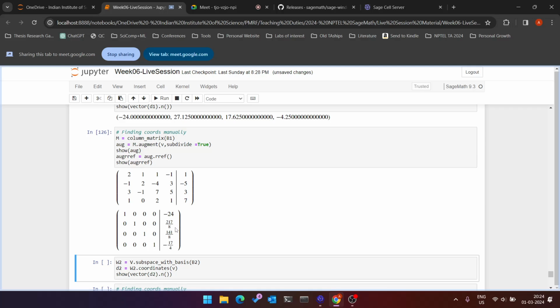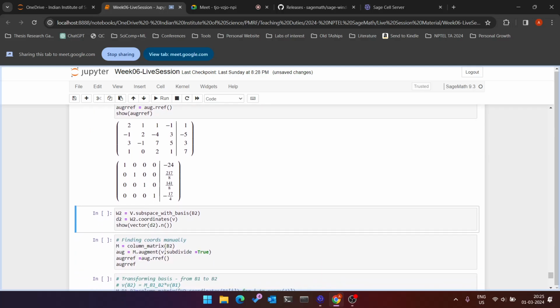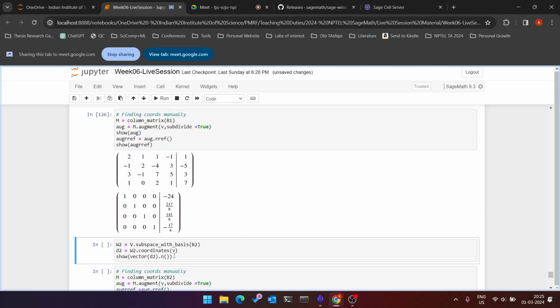So these four values are basically my coordinates of vector v in basis b1.